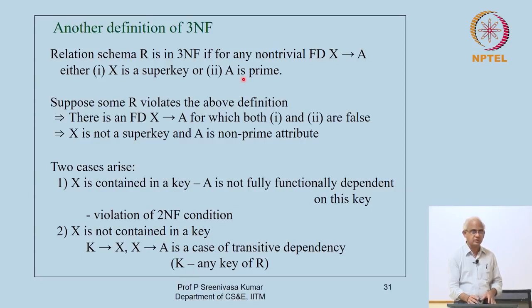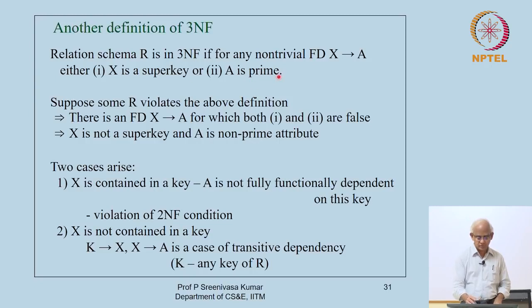So basically this definition in some sense captures the essence of 3NF, and it is easier to remember. The advantage with this definition is that when you go to a stricter normal form, the BCNF, all that we will be doing is to simply drop this concession that we are giving for prime attributes.